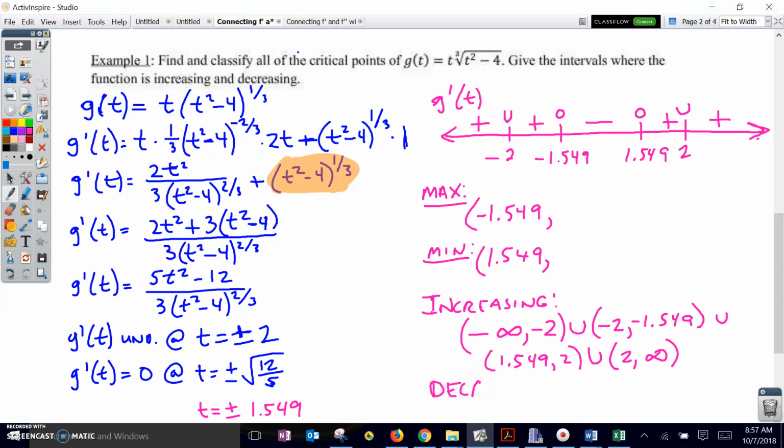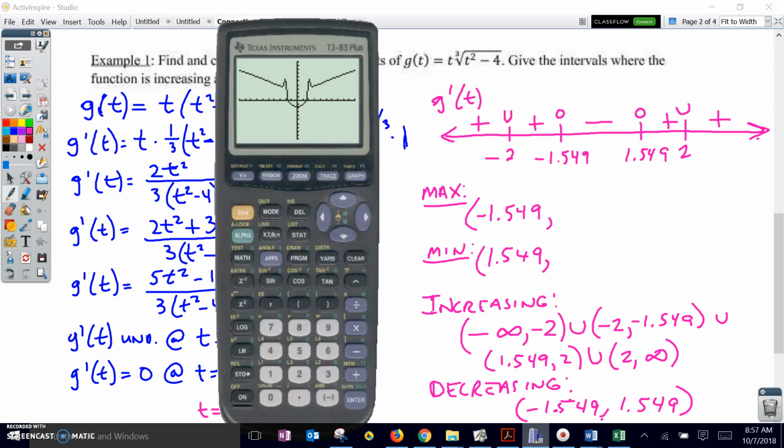And it's decreasing from negative 1.549 to 1.549. Okay, now I need my y-coordinates for my original function. I'm going to go ahead and put the original function in here.